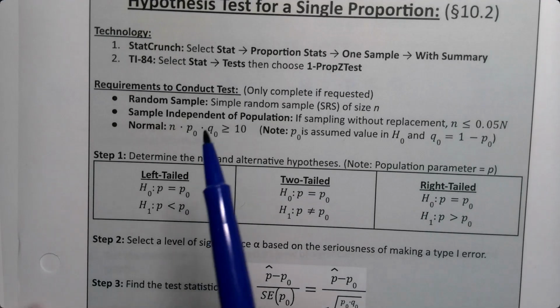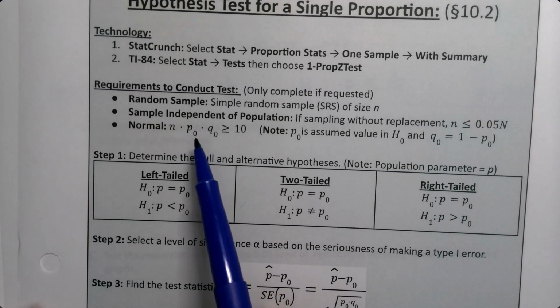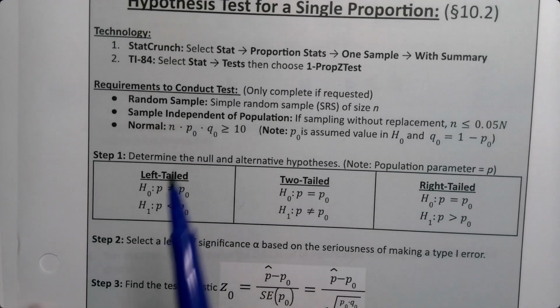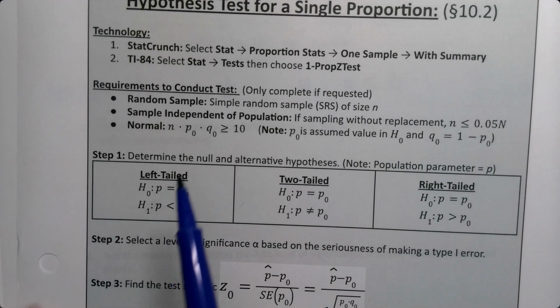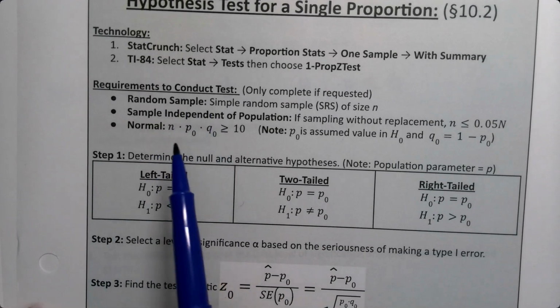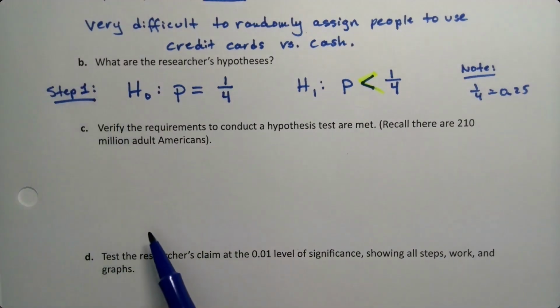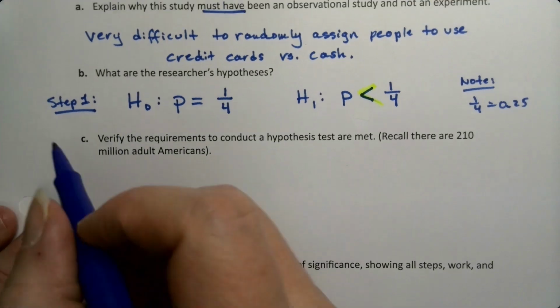But if you look at normal for a second, normal has a p0 in it, the p from your null hypothesis. So you kind of have to figure out what your null hypothesis is first before you can check requirements. That's why I had us do step 1 here, and then I have us verifying requirements here, because it's a little out of order. All right, so let's verify our requirements.